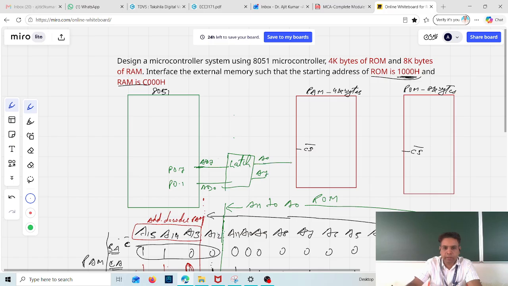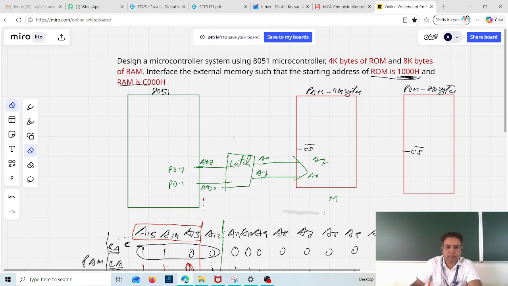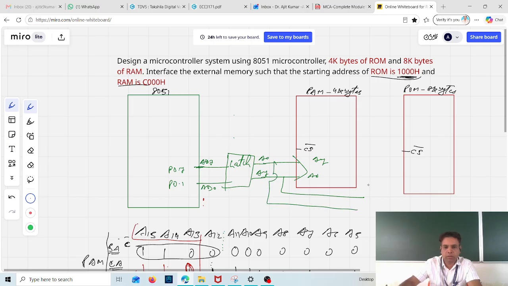This A0 to A7 is directly connected here to ROM, and the same A0 to A7 is also connected, like this.